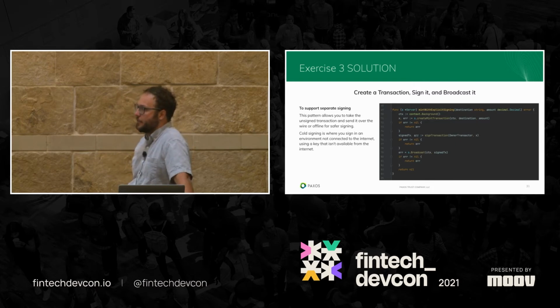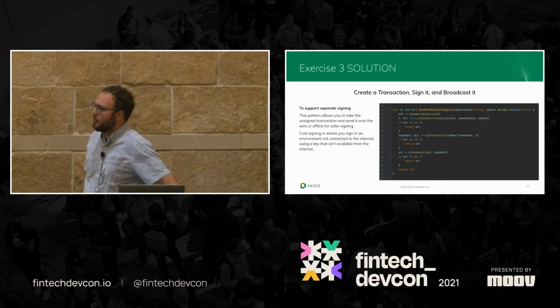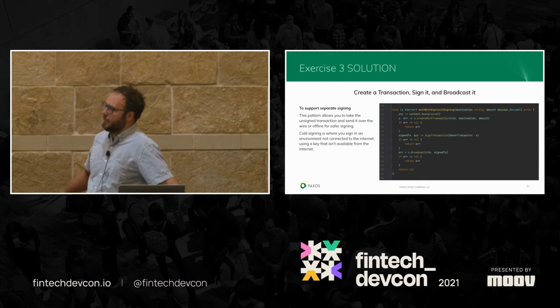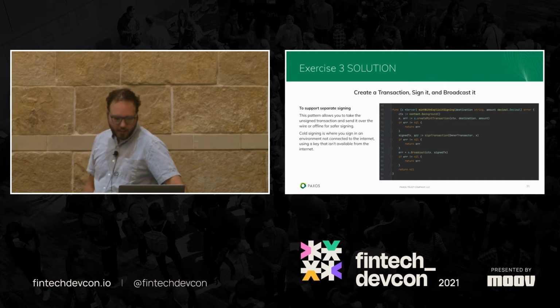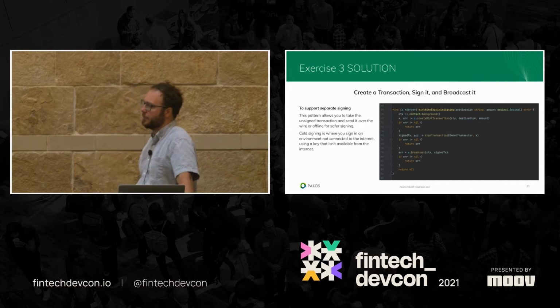It doesn't have to be in this server. That was the big goal we had here for exercise 3, was to split it out so that we could imagine signing outside of the server. And we have a helper in there that you can check out to sign the transaction. And then the broadcast function is pretty straightforward.